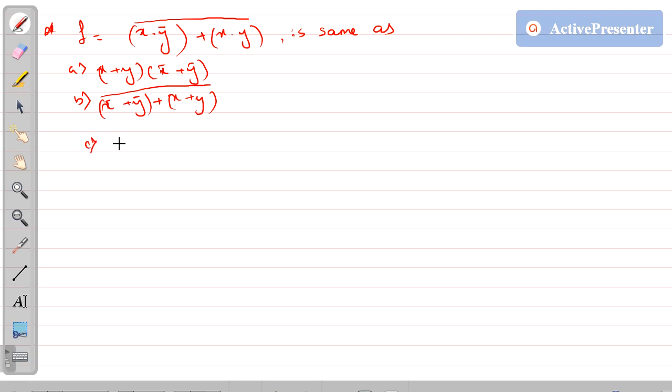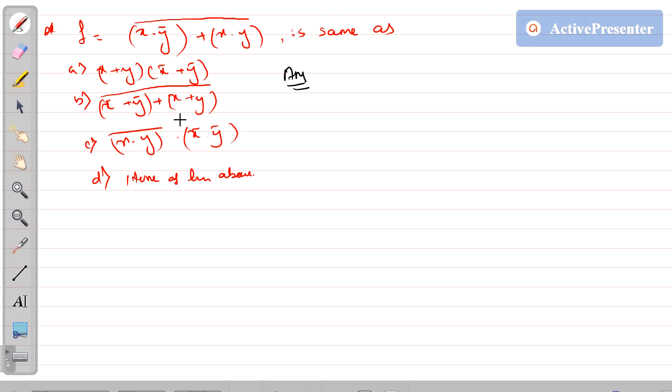C is x into y bar, x bar into y bar, and D is none of the above. When you get a question with none of the above, try to do the problem two times, because it is possible that you take a wrong approach and do not get the answer, and only then you take none of the above.